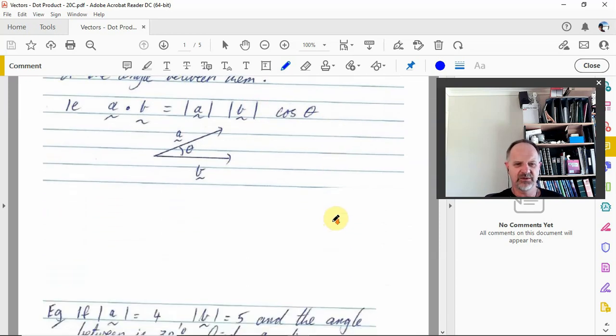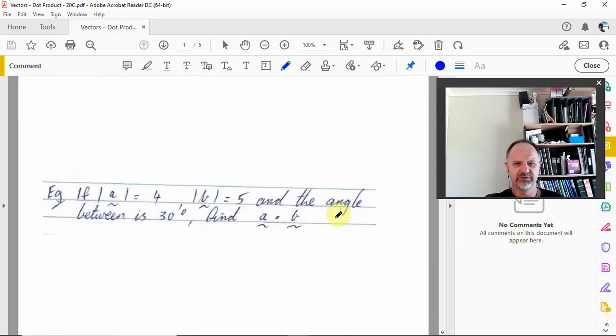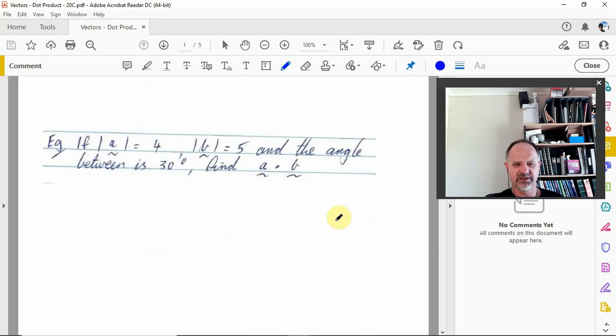Alright, so let's have a look at an example. One that's not too tricky to start off with. Here we go. So we're told we've got a couple of vectors, A and B. Magnitude of A is 4, magnitude of B is 5, and the angle between is 30.